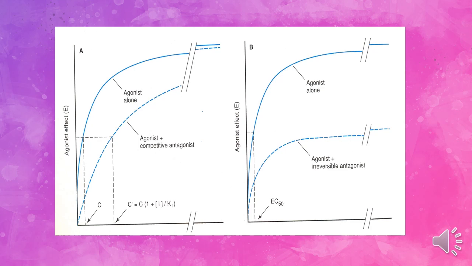So here, agonist alone is more potent in getting maximum efficacy in comparison to agonist in the presence of competitive antagonist. In the same way, in the presence of irreversible antagonist, agonist is more potent and efficient.